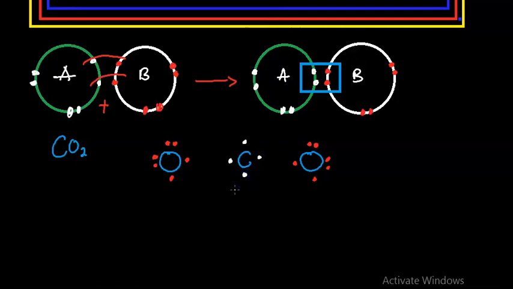In order for us to show the double bonding here, this will connect with this, and also this will connect with this. This is single bonding. For it to be double, this is going to connect with this, and this valence electron is also going to connect with this.